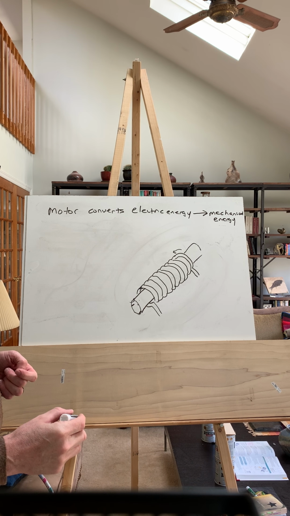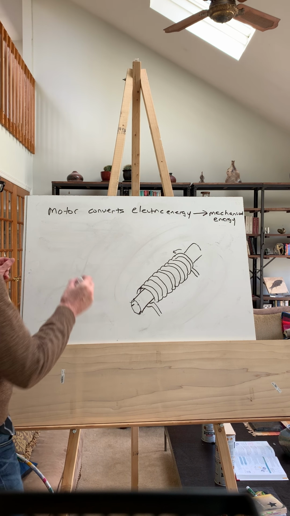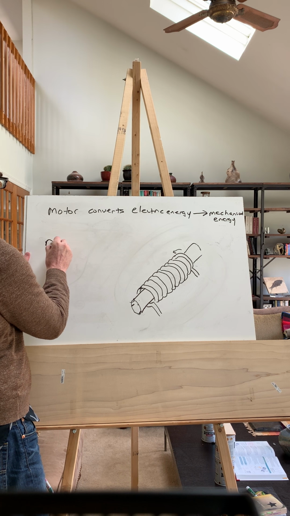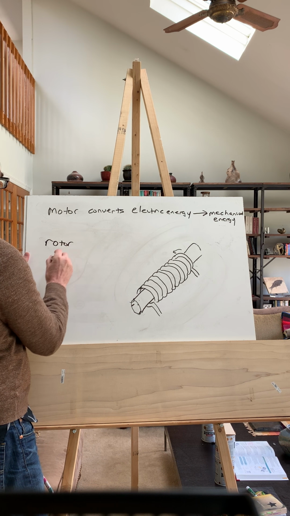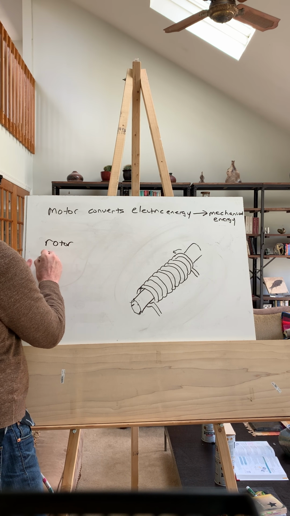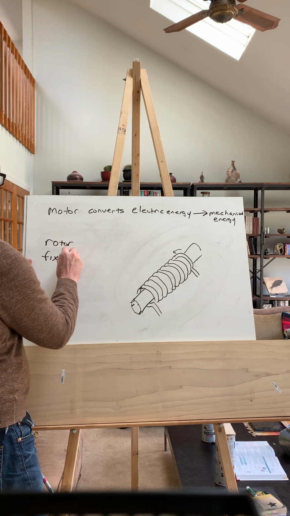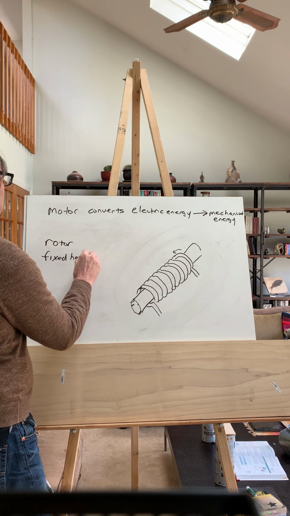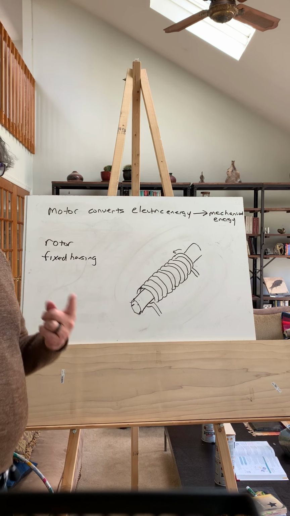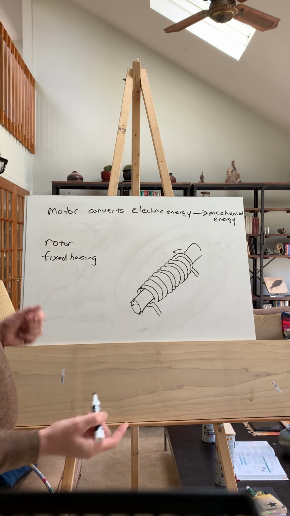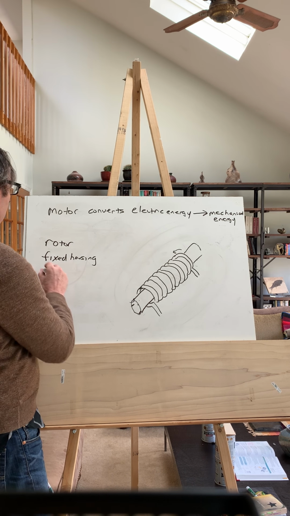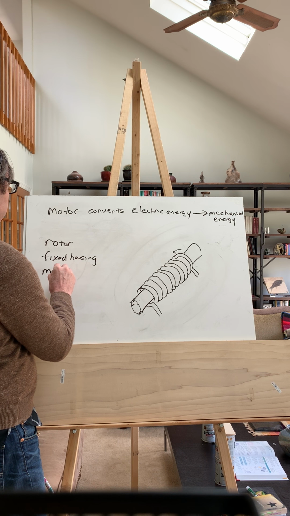And we've seen how that's done. We need to have a rotating element that we call a rotor. We need to have a fixed housing, so that the magnetic objects produced can exert a force on each other. And we need magnets.